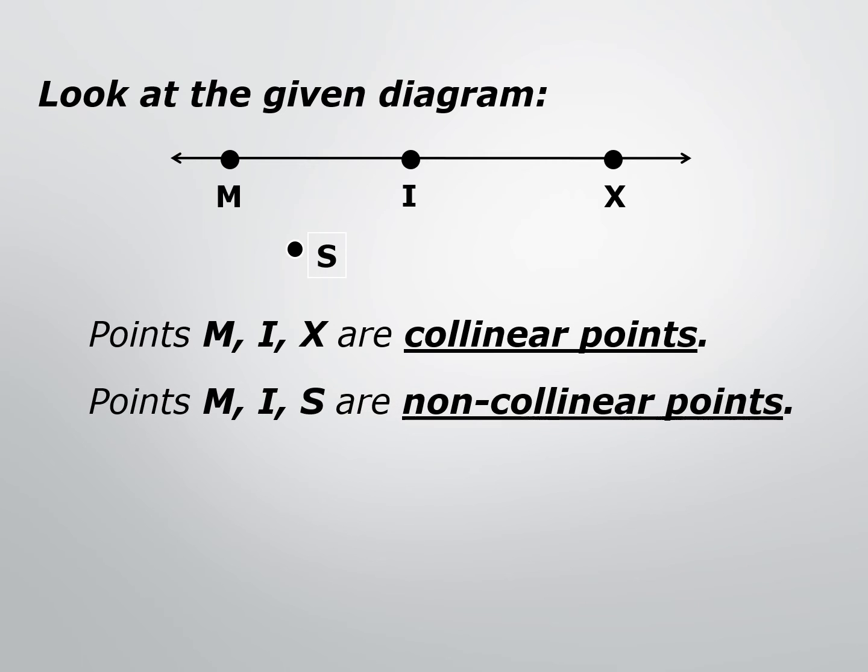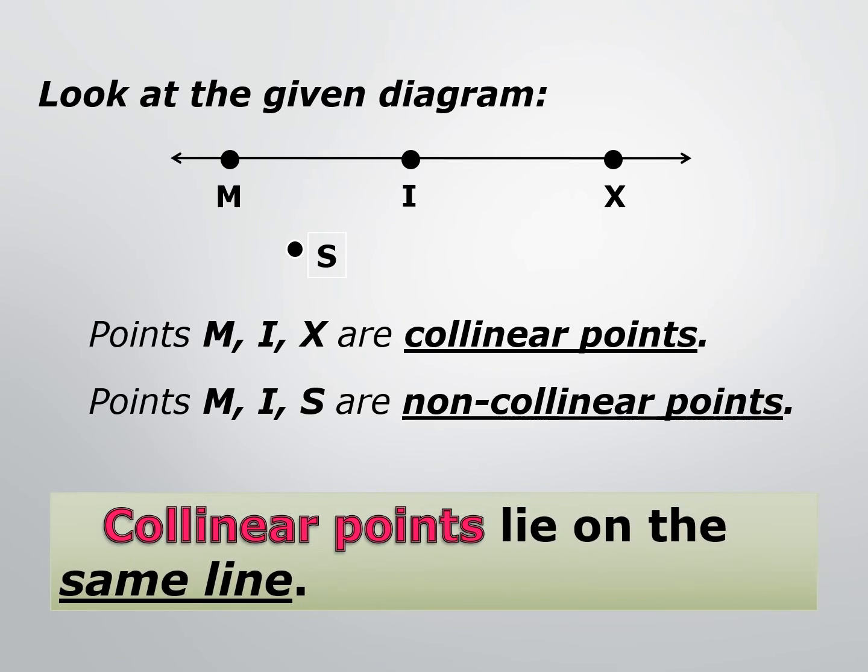While points M, I, S are non-collinear points. Based on our examples, how are we going to define collinear and non-collinear points? Collinear points lie on the same line. That's the reason why it is known to be collinear.